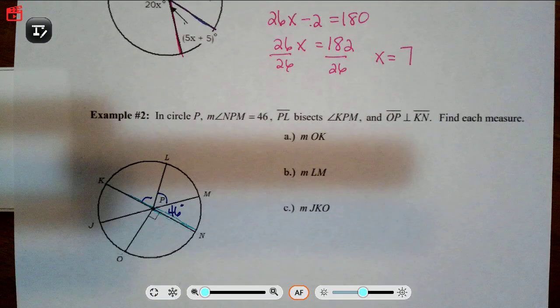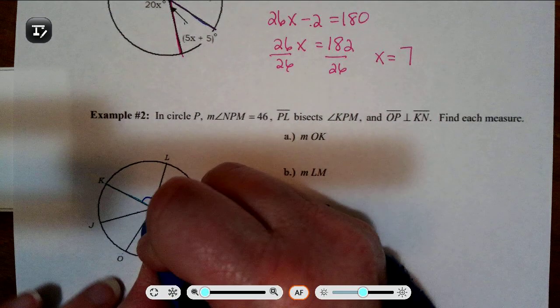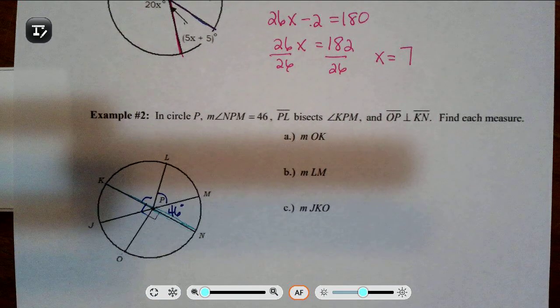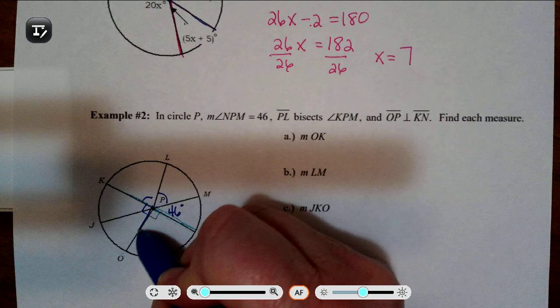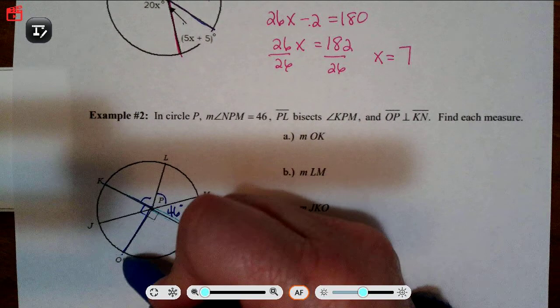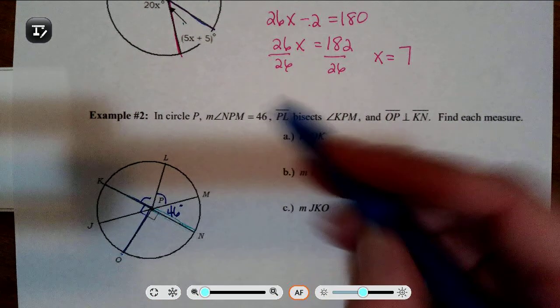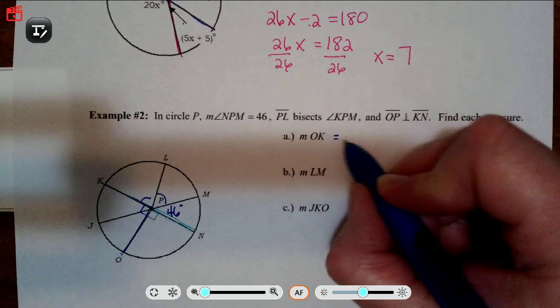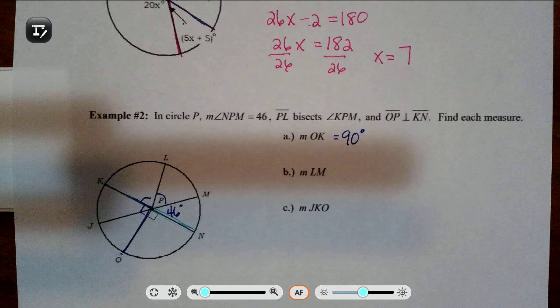Okay, and then with that diameter, if this is 90 degrees, then it makes sense that this piece has to be 90 degrees as well. Here now forms my angle and my arc OK. If this is 90 degrees, then the measure of this arc also is going to be 90 degrees.